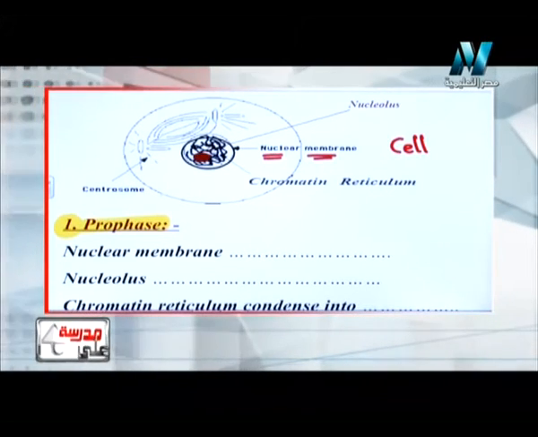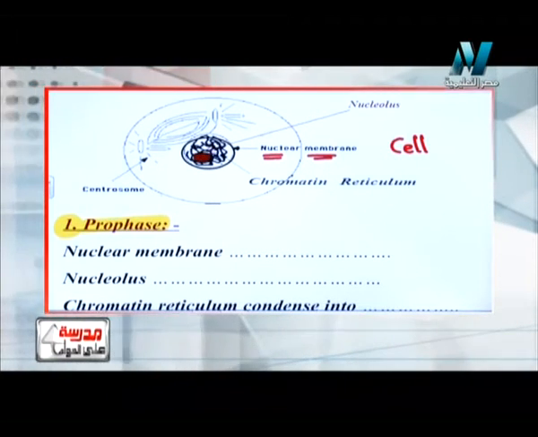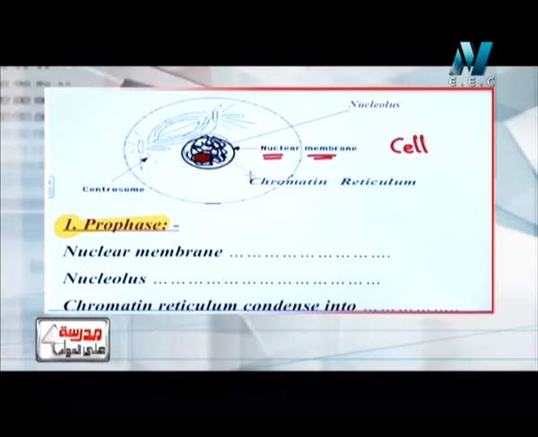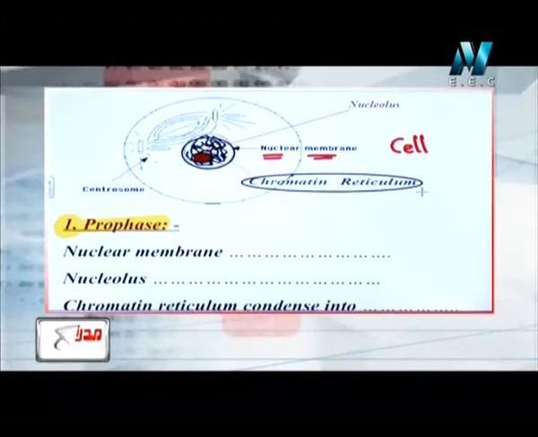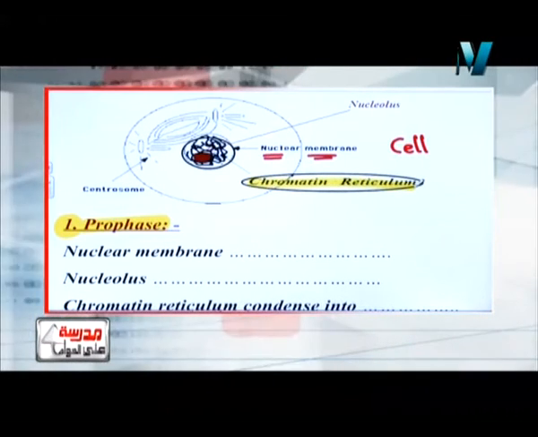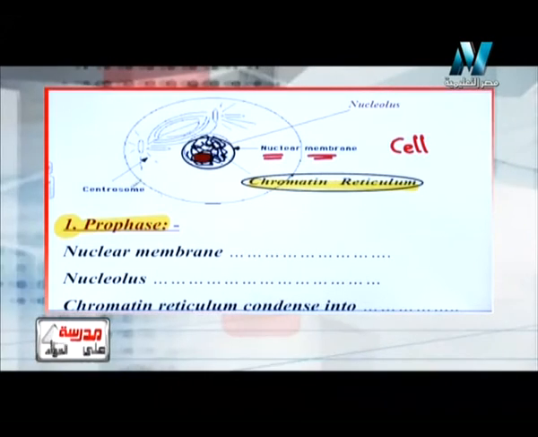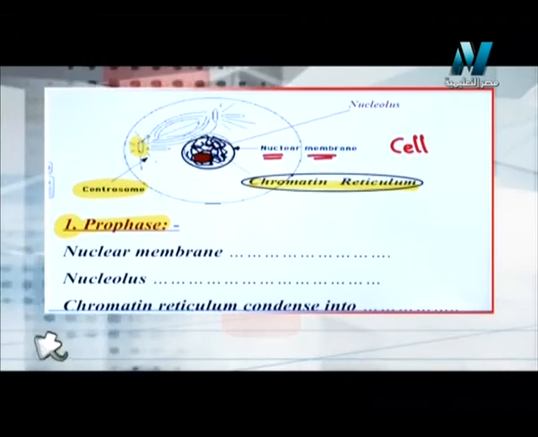Inside it we have the nucleolus, which is a small nucleus. We have chromatin reticulum. From chromatin we remember chromosome. At the same time we have centrosome here.